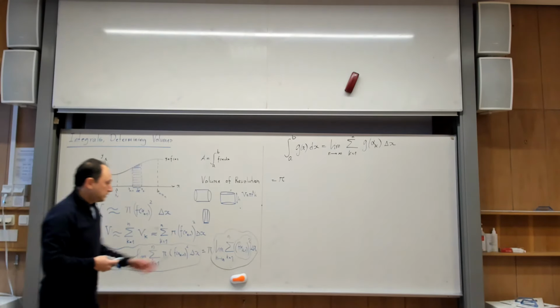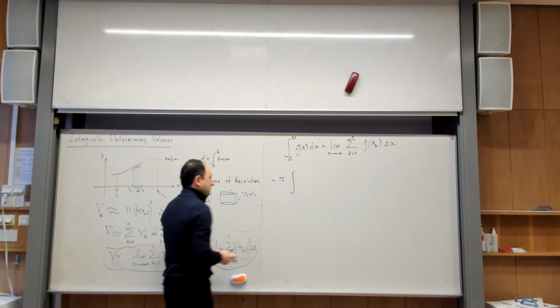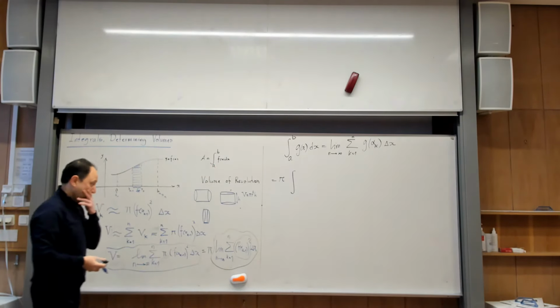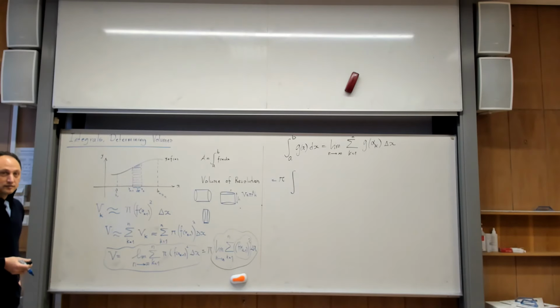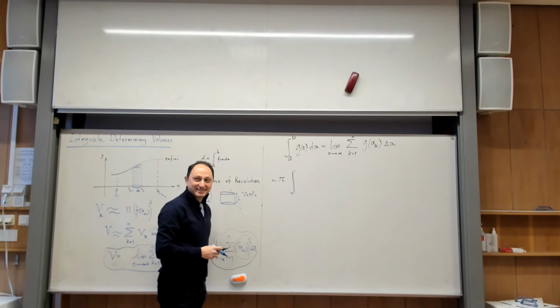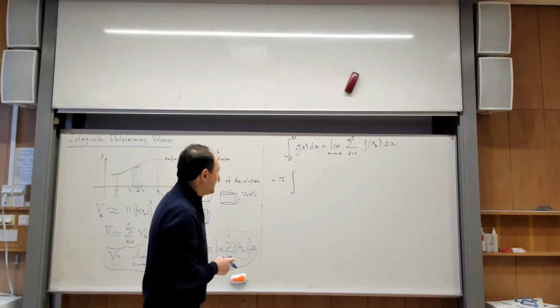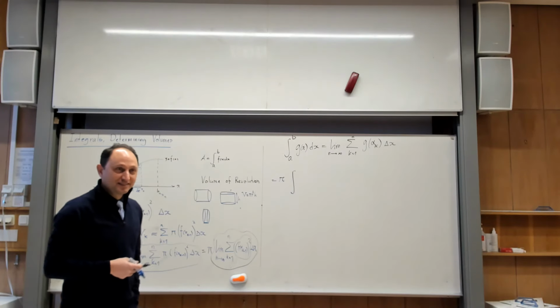This becomes an integral. Can you fill up the gaps? What are the limits? What should I write here and there? Is it understandable or not? What should I write in front?